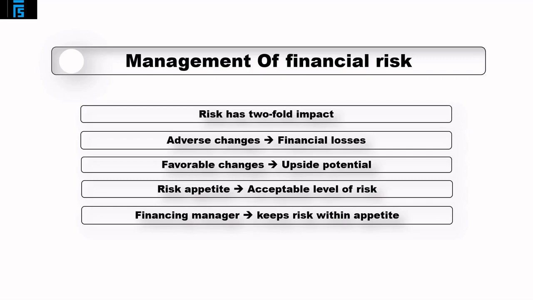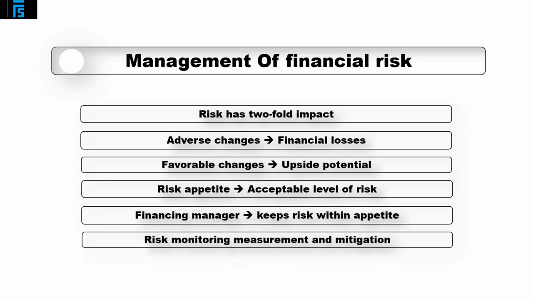As we will discover in the further modules of the course, effective risk management requires the monitoring and measurement of risk, as well as dealing with risk by means of mitigation, hedging, or diversification.